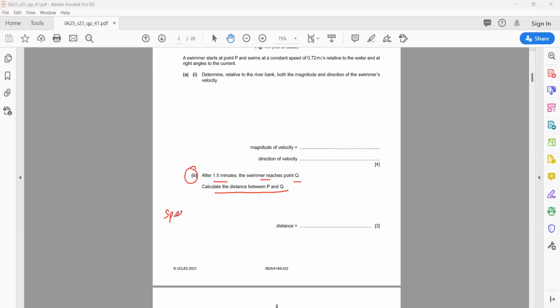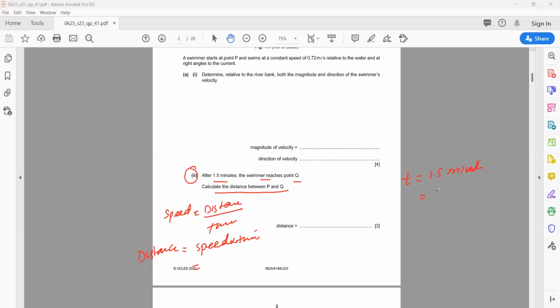Normally speed equals distance over time, but when you need distance, it will be speed multiplied by time. So time is already given. Time is 1.5 minutes.